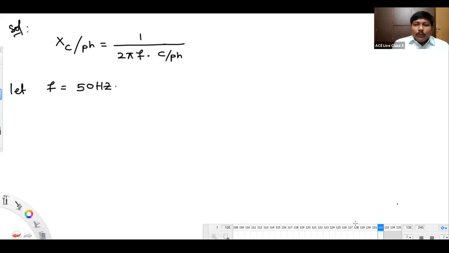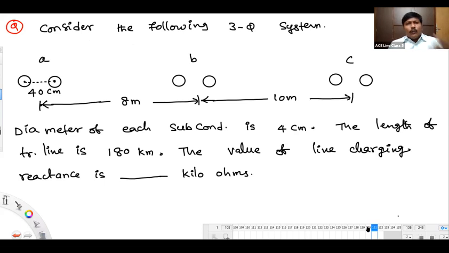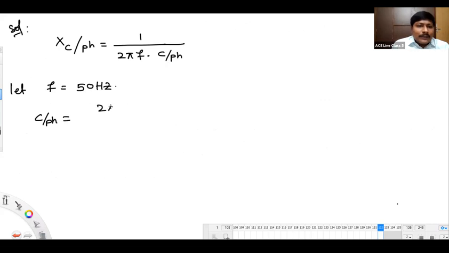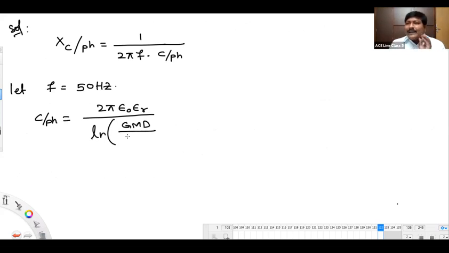Now, what is the capacitance per phase formula? Whatever it is, either a three-phase system or single-phase system, bundle conductor, whatever it is, the formula will start with 2 pi epsilon naught epsilon r in the numerator, by natural logarithm of GMD in the numerator, and in the denominator I'll keep it as Ds, as a notation.